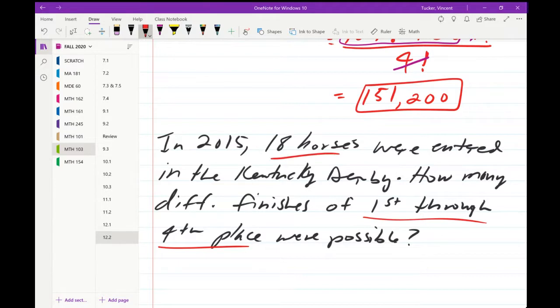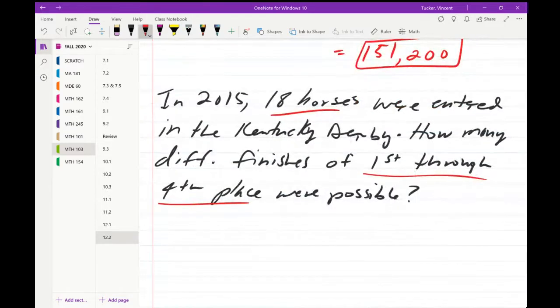And we have 18 horses. So that means n is 18, r is 4.